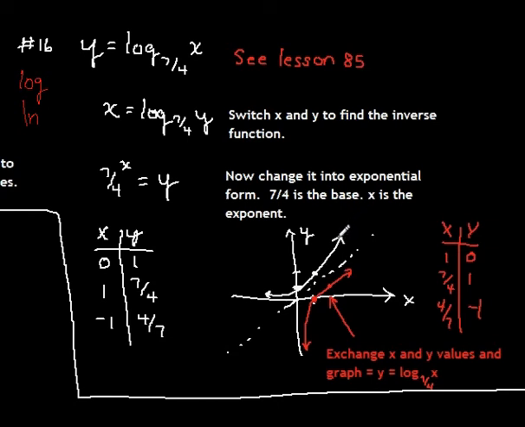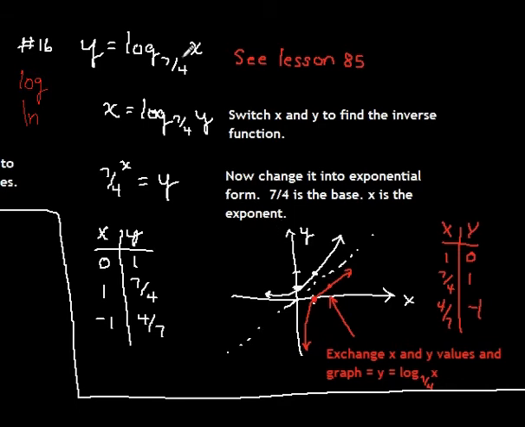Now, to figure out what the log function is going to look like, you have to switch your x and y values. So your x now becomes 1 and your y becomes 0. So I just switched these all around and plotted those points, and that gives me the log function. And it's always symmetrical over the line y equals x.